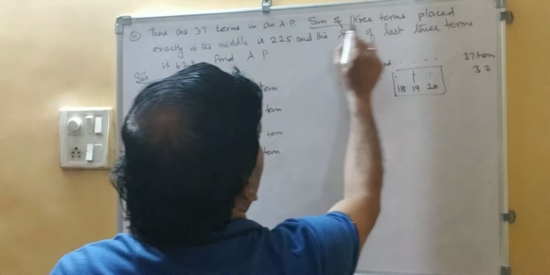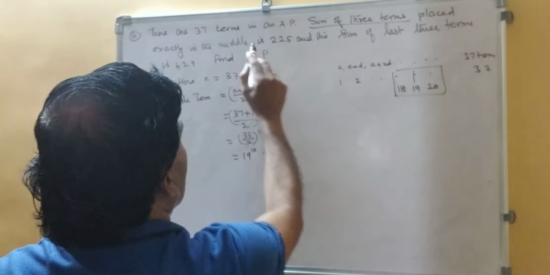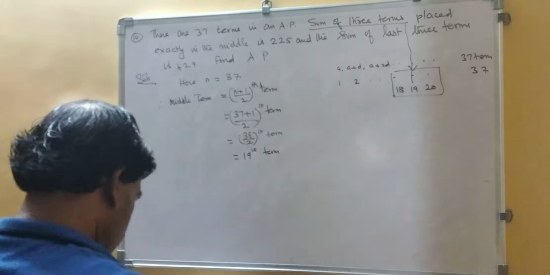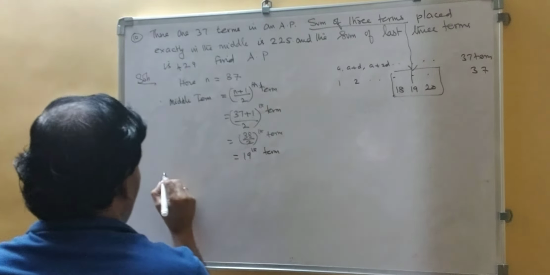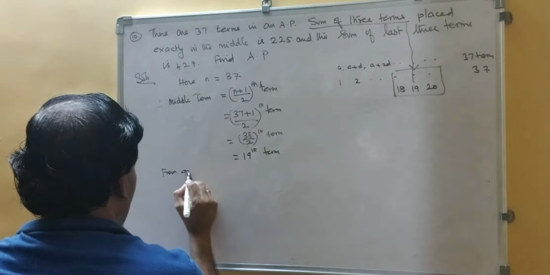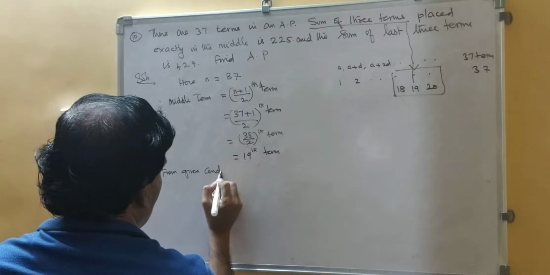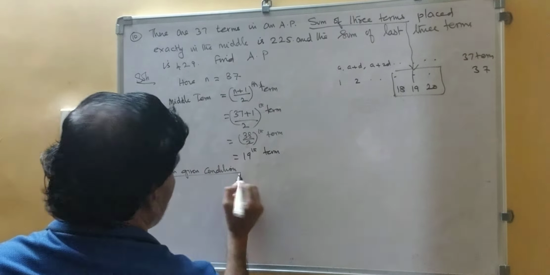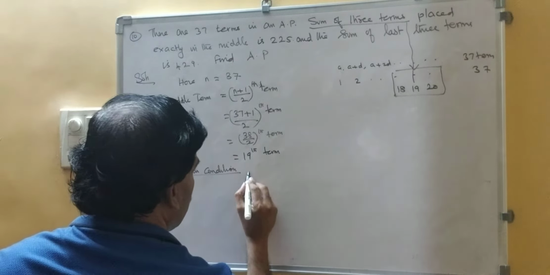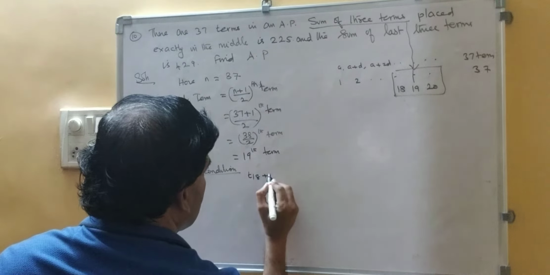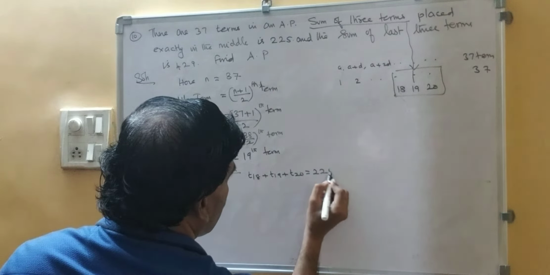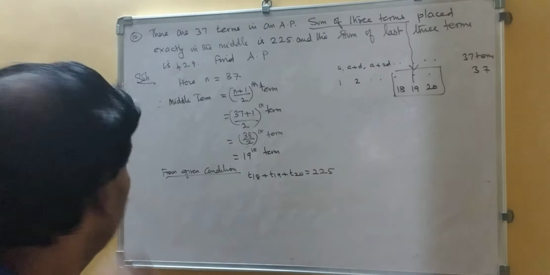See, sum of 3 terms placed exactly in the middle is 225. That means, from the given condition, the 3 middle terms are, that means T18 plus T19 plus T20 equal to 225. Followed?